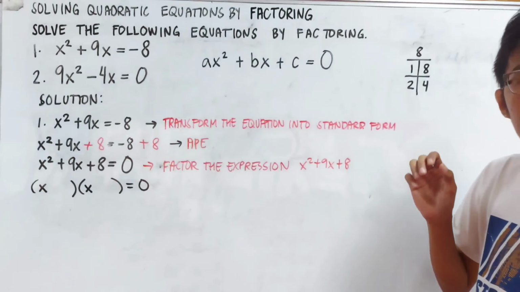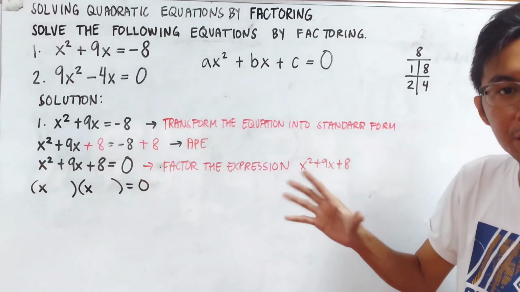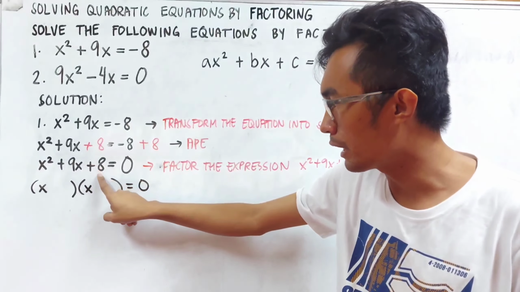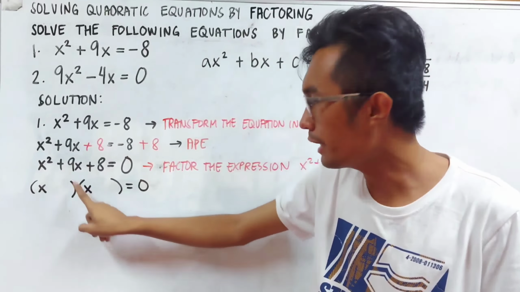Ngayon, ang gagawin natin, aanapin naman natin dito from the factors yung number na kapag pinag-add mo, ang magiging sagot is 9. Bakit? Kasi ito po yung product, ito naman yung sum. Again, this is the product, this is the sum. Yung 8, ipapactor mo.